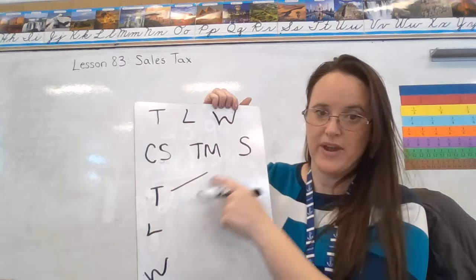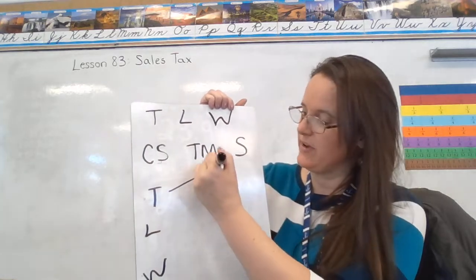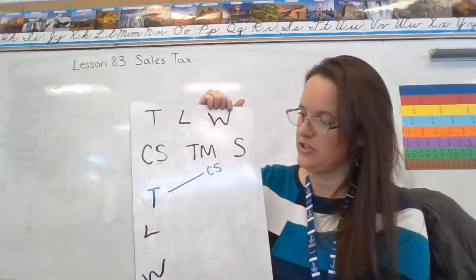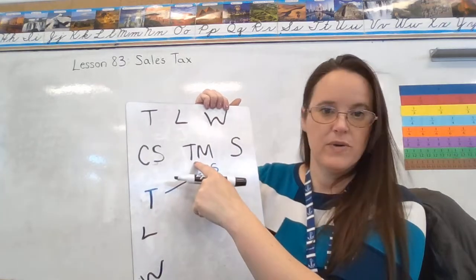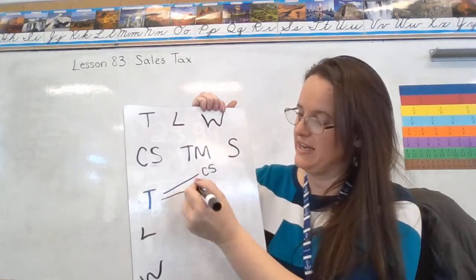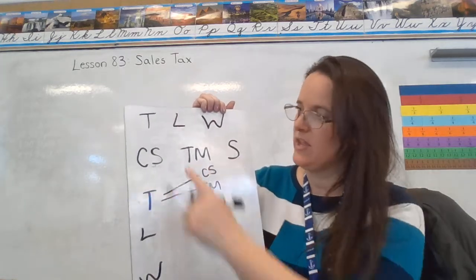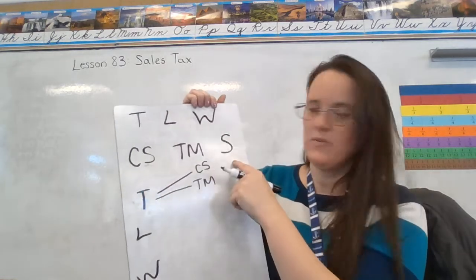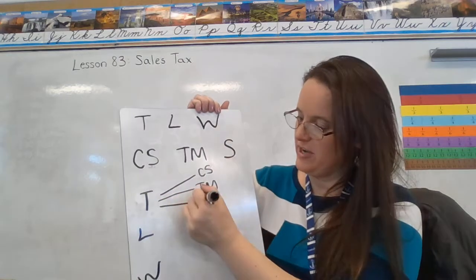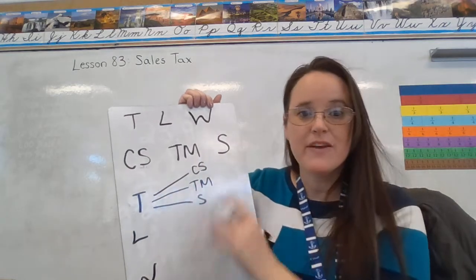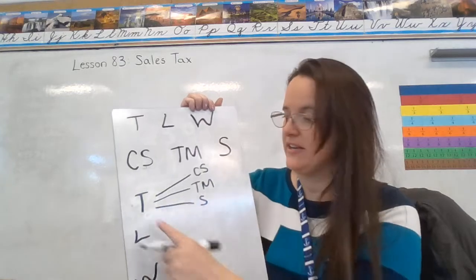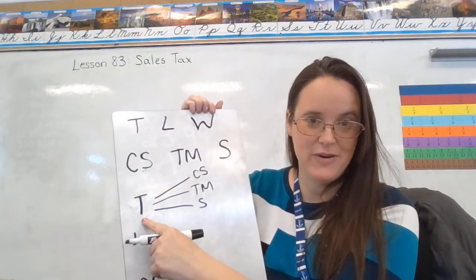So I'm going to make a branch of my tree diagram there and write CS for chicken sandwich. She could have tea with a tuna melt. So we'll make another branch and put TM for tuna melt. Or she could have tea with a salad. So my third branch here has a salad. There is no other combination for her to have tea with.